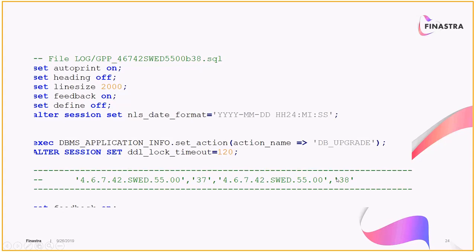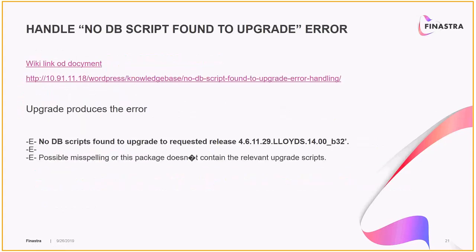Then it will say no scripts found, because it is expecting 37 there, the complete version. In that case, you have to upgrade that suite schema until version 37, and then only try to upgrade to this version. This is the reason most of the time you get this error: no DB script found.